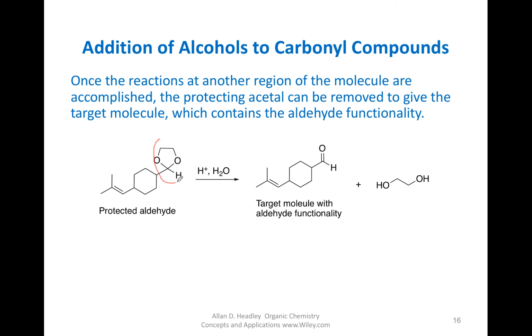You remove the protection in an excess of acid and water. So we are reversing the equilibrium that we looked at earlier to regenerate our aldehyde and of course our ethylene glycol as product. This becomes our target molecule where we have carried out reaction on one end of the molecule without affecting the other end of the molecule.